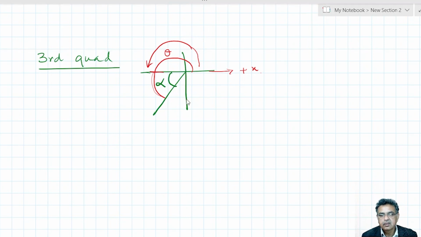So in the third quadrant, theta is equal to 180 plus alpha.